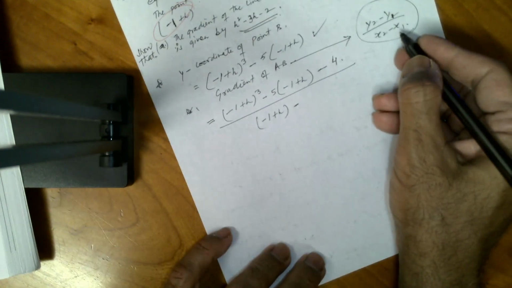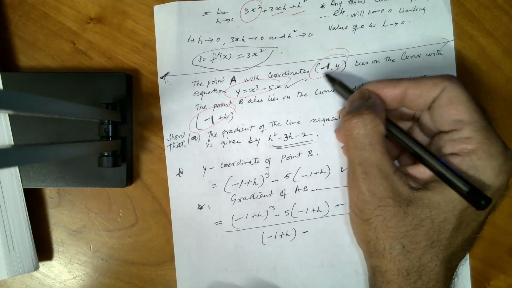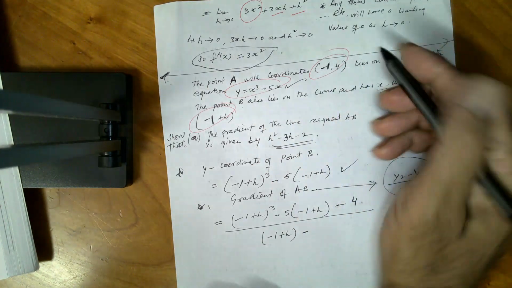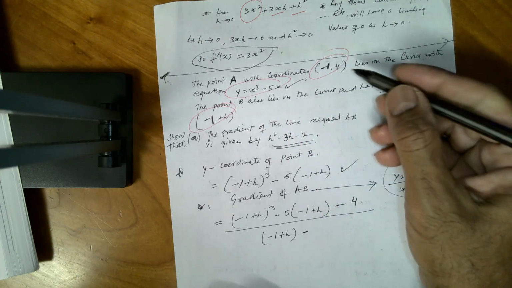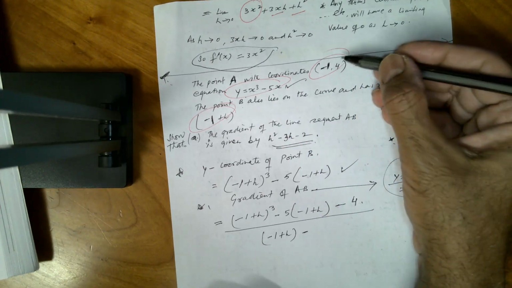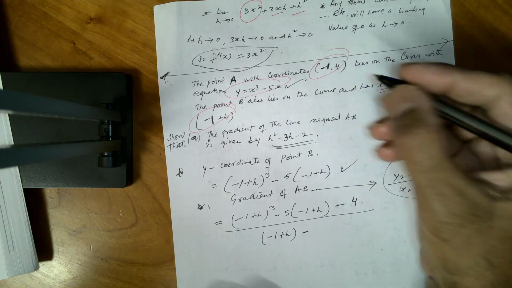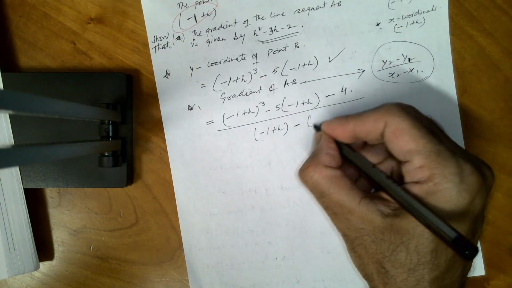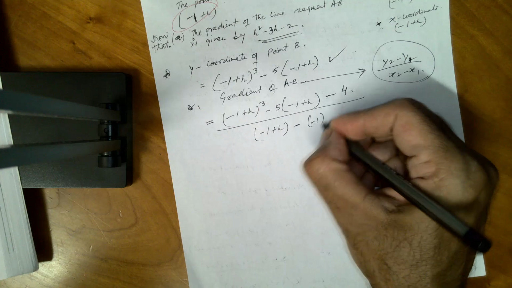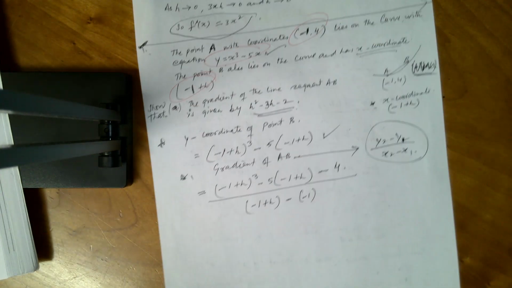What is your x1 here? That is -1 already. A coordinate has already been given to you, because everything here is a coordinate, your x1 and your y1, and that's what we're inserting here, -1. I hope it's clear so far.